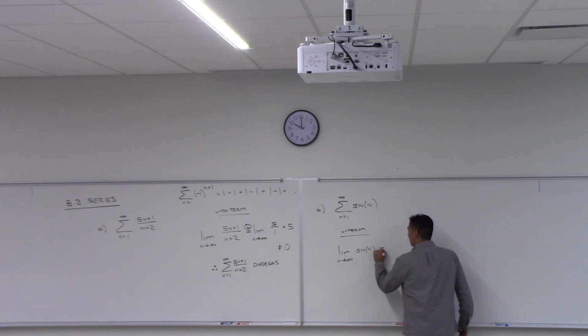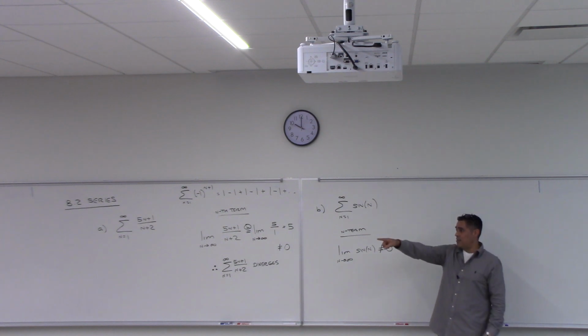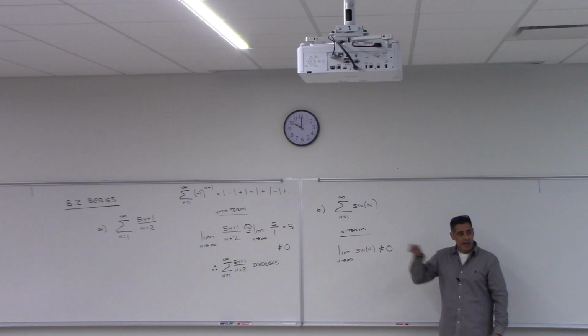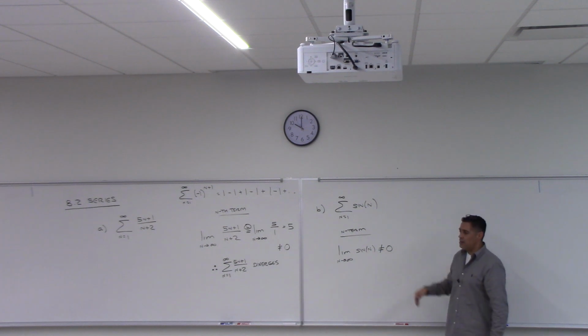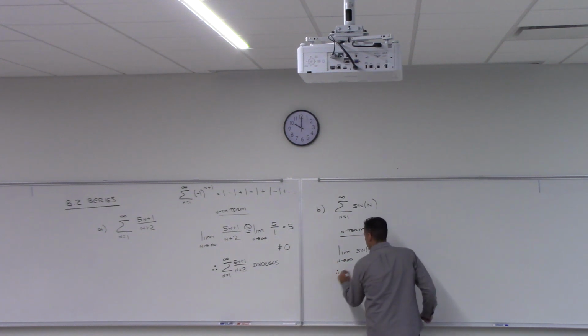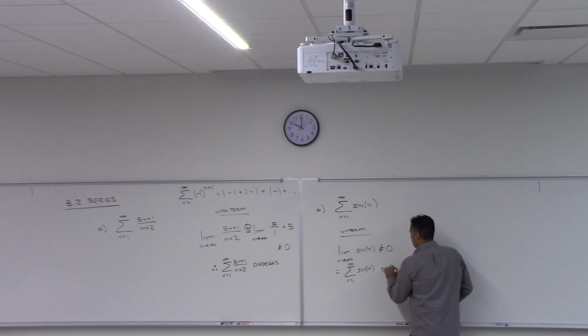This is not going to 0. What does it do? Well, look at what that sequence is doing. It's all over the place, right? Is it headed to one thing? Is it headed to 0? No. So it's not 0, so we're done. Therefore, the original series. See, there's no work that I really have to show for that. I just have to know that that's not 0.